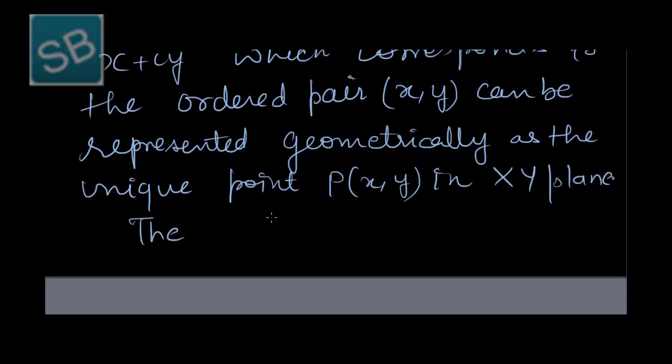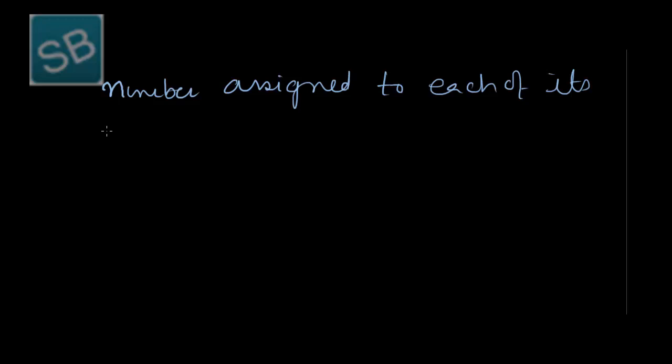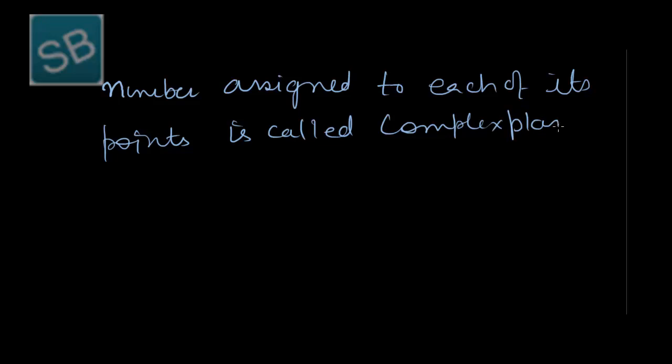The plane having a complex number assigned to each of its points is called the complex plane, or in short form we can say that a plane which consists of the ordered pairs of complex numbers is called the complex plane or the Argand plane.